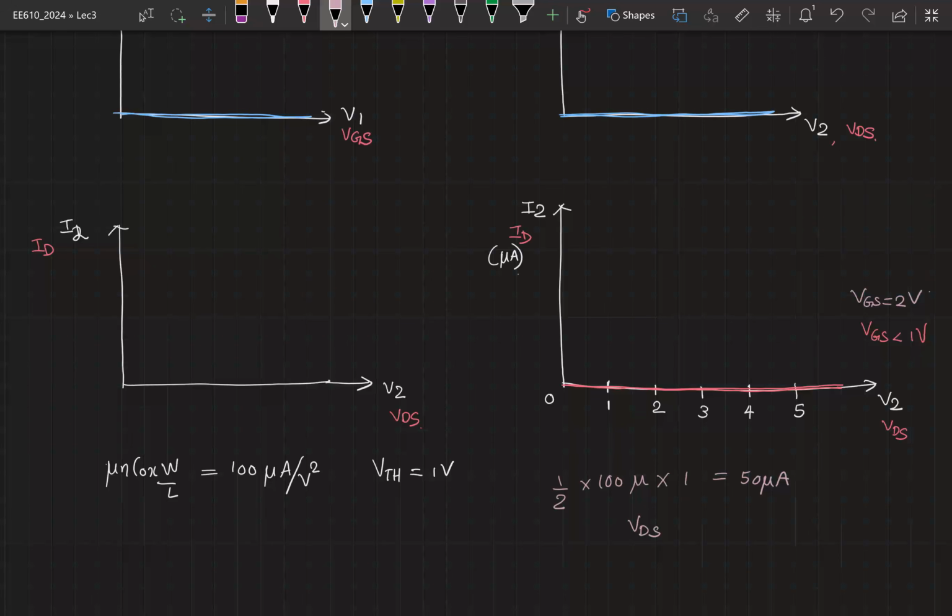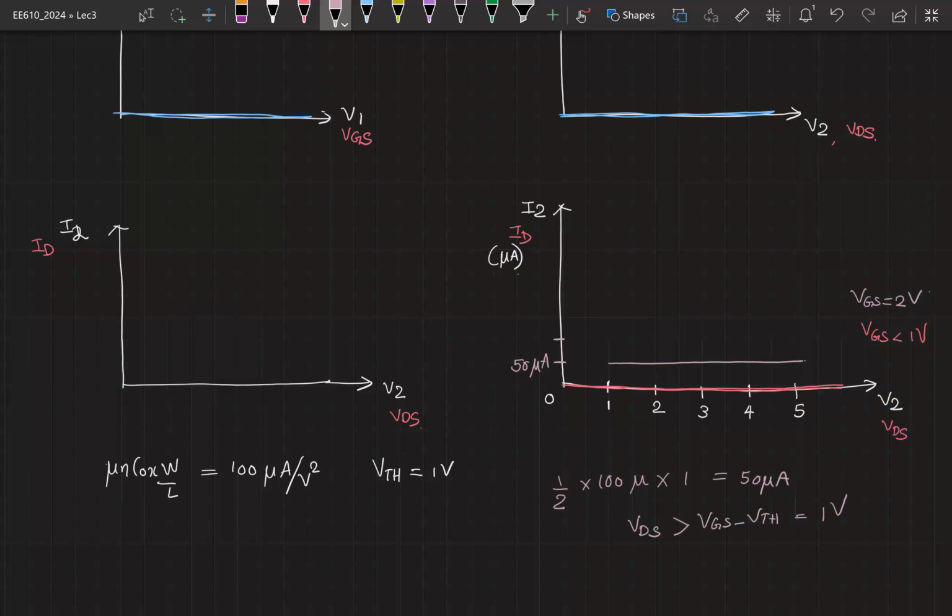It is in saturation when your VDS is greater than VGS minus VTH, and this corresponds to 1 volt in this particular case. So let's say this is 50 microamperes, and beyond 1 volt I have a flat line.